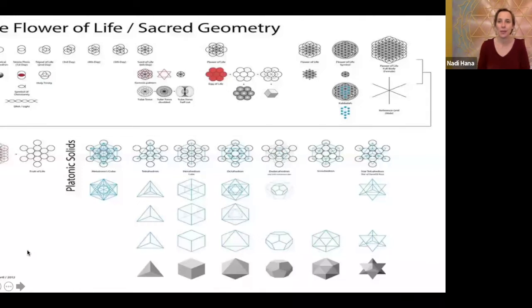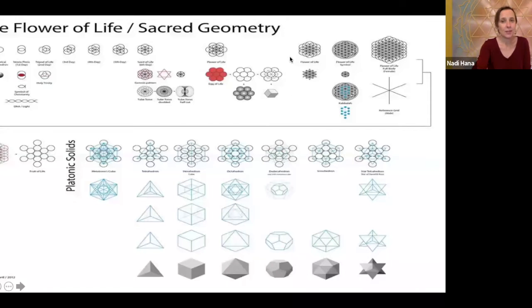So here's a reminder of the progression and how the shapes are related. This PDF will be included in the module, so you can print this up and take a look at it. This is a wonderful overview of how we start with the seed of life and the 7 circles, and that leads us to the egg of life, the 3D version of the seed of life.